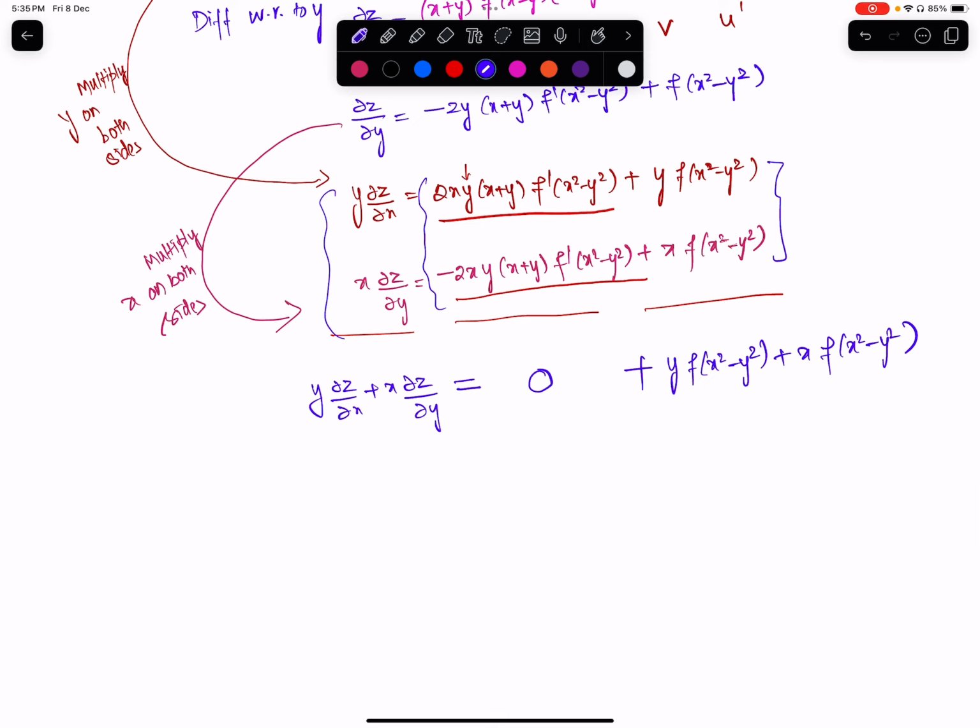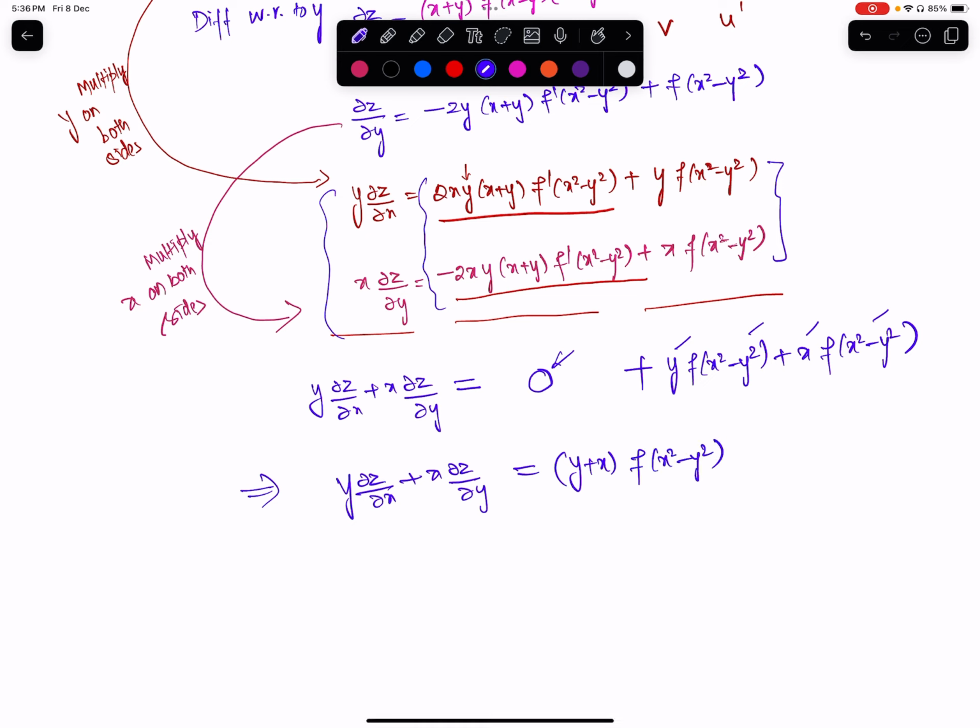So this 0, just ignore it. So what do you have now? y ∂z/∂x plus x ∂z/∂y equal to, see here, in these two terms we have x and y, and in both places we have f of (x² minus y²). So you can write (y plus x) f of (x² minus y²).